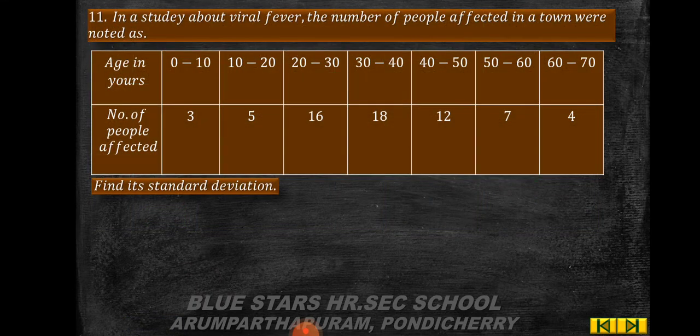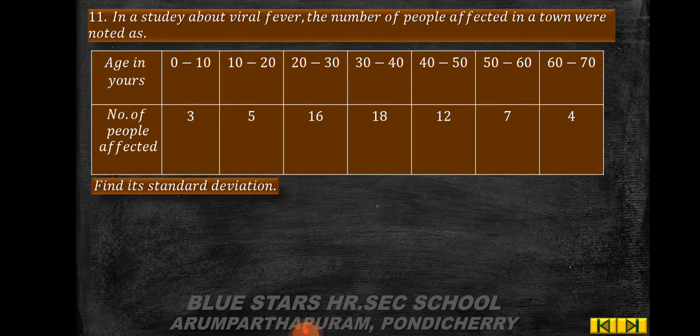Problem number 11. In a study about viral fever, the number of people affected in a town were noted as age in years, 0 to 10, 10 to 20, 20 to 30, 30 to 40, 40 to 50, 50 to 60, 60 to 70.